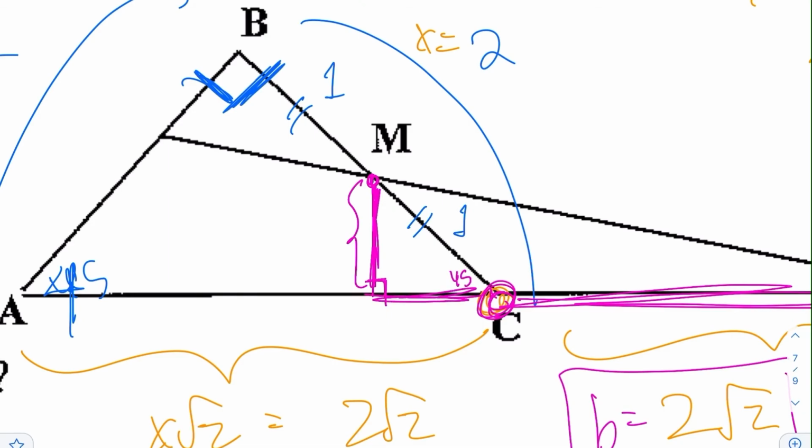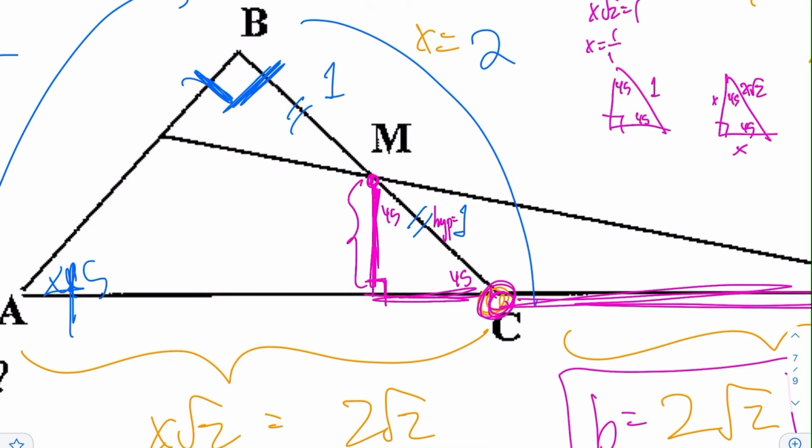Specifically, it's another 45, 45, 90 with a hypotenuse equal to 1. So in this 45, 45, 90 right triangle, this 1 corresponds to the x root 2 side. So if x root 2 is equal to 1, then x would be equal to 1 over root 2.